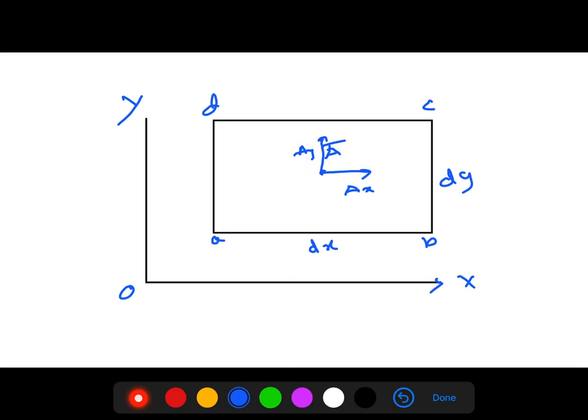Now, we shall consider the values of these components at the middle points. What are its values at this point and this point?